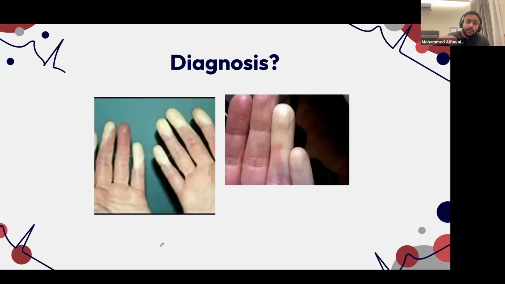Then when the vasospasm ends, it gets flushed with oxygenated blood, so it turns very red. Primary Raynaud's characteristically is triggered by cold. They go outside, they have vasospasm, or they wash their hands with cold water. This is the characteristic way they describe it.